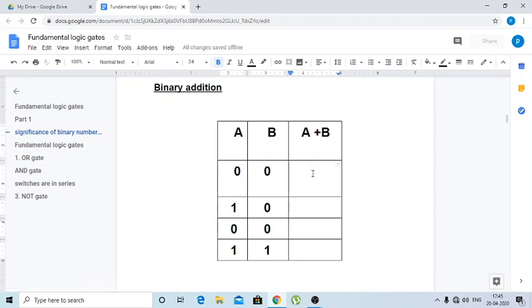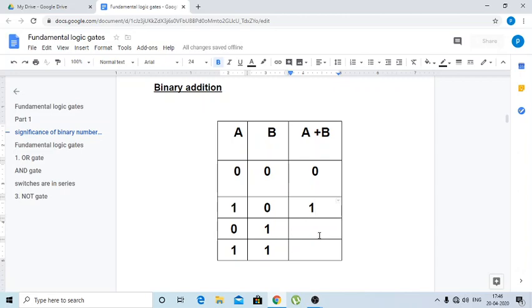Here both the values are 0, so we have 0 plus 0 equals 0. In the second possibility, A is 1 and B is 0. It means A has a high value and B has a low value. 1 plus 0 equals 1.